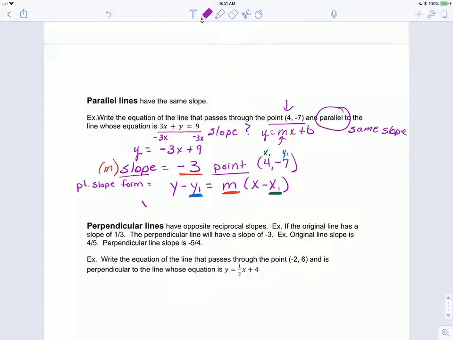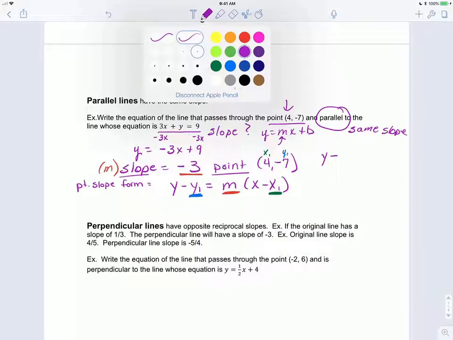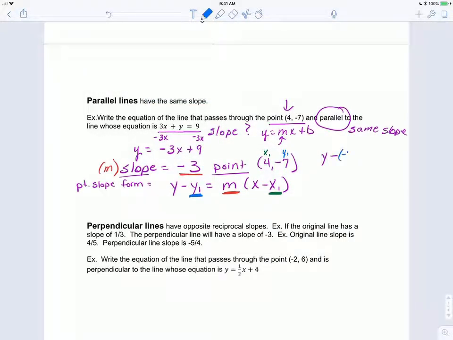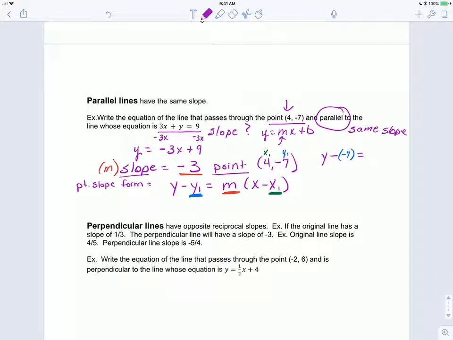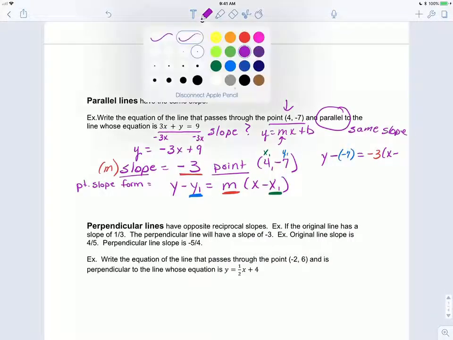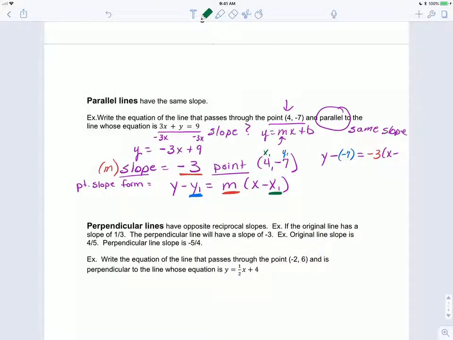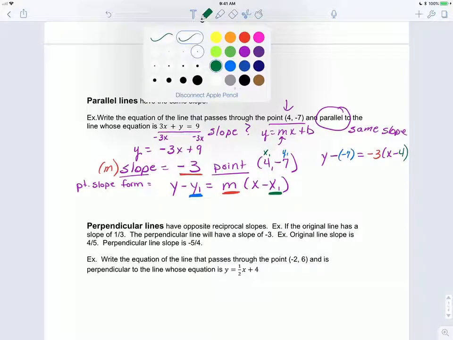So we're going to have y, let me come over here so I've got room, y minus y1, which is -7, is equal to the slope, which is -3, times x minus x1, and x1 is 4. And then we're just going to solve from here.